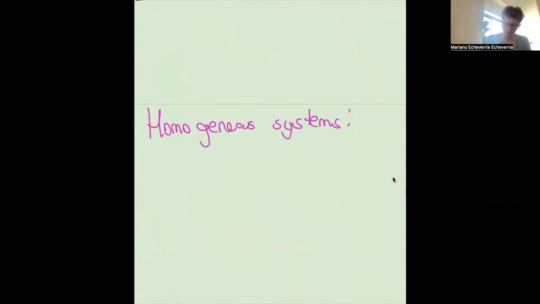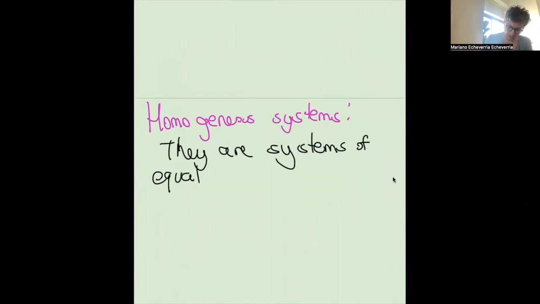They are systems of equations where the constant coefficient on each equation is 0.